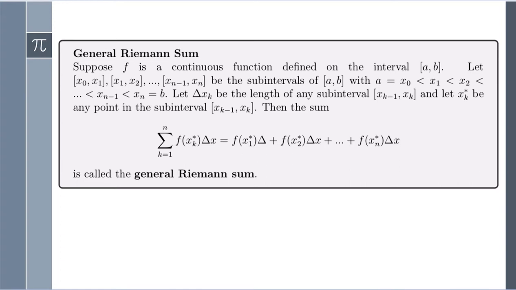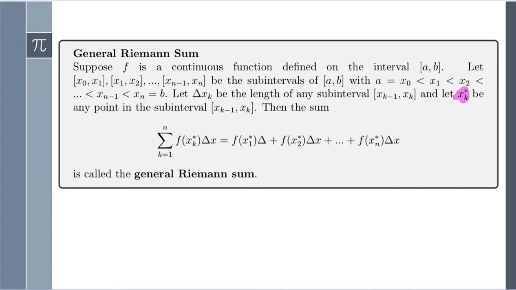Now the difference between the left, right, and midpoint Riemann sums and the general Riemann sum is this: when we did the left Riemann sum, this x sub k star, this point which determines the height of the particular rectangle, was the left endpoint of that interval. For right Riemann sum, this was the right endpoint of the interval. For midpoint Riemann sum, this number was the midpoint of that interval.